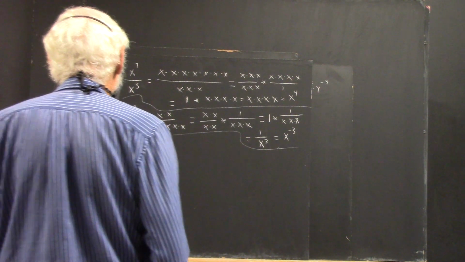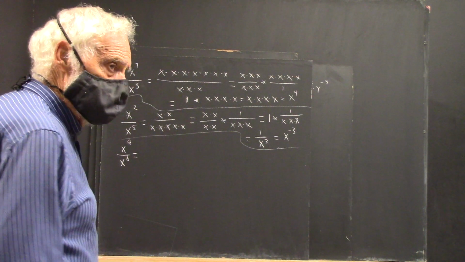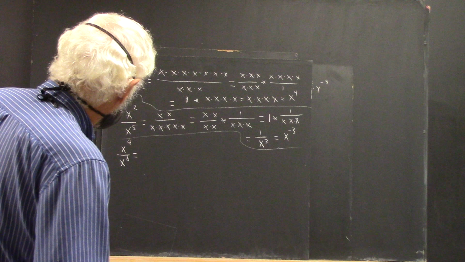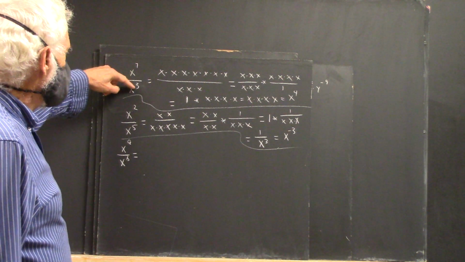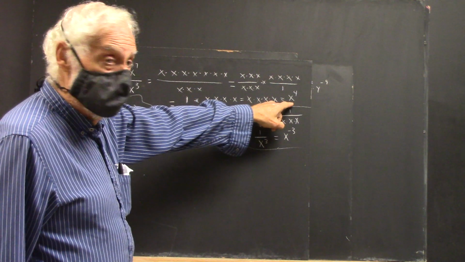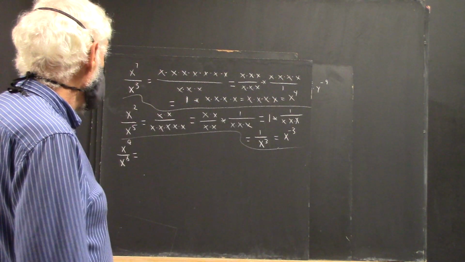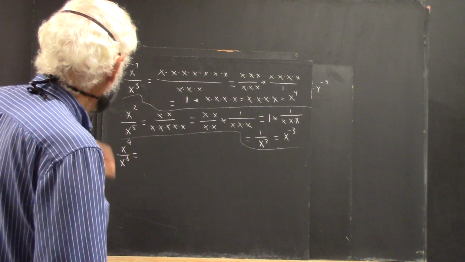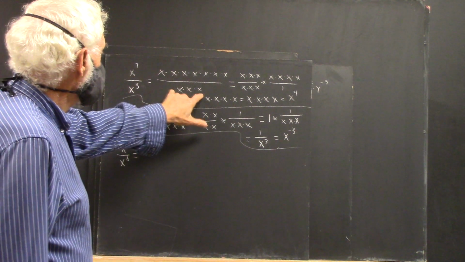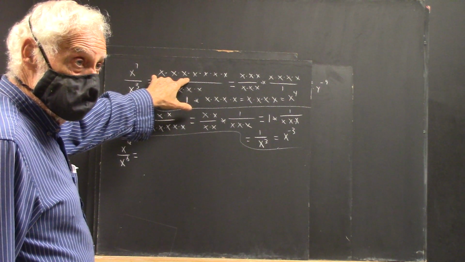Okay. So, now what's x to the a divided by x to the b? Okay. How can you use these numbers, the 2 powers of x, to get this? Well, what you're doing is you're taking 3 of these away from the numerator, right? Okay?